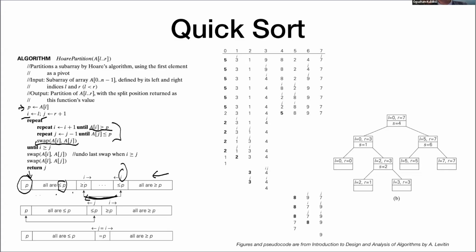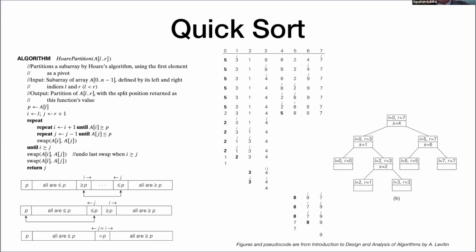And we again continue advancing the pointer I from left to right and J from right to left until they cross each other. When they cross each other, I should do the last swap operation. I'll be just swapping A[l] with A[J]. So whatever I have in A[l] will be swapped with A[J].